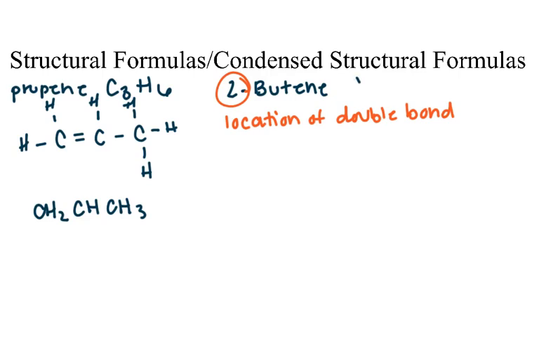So butene is C4H8. So we're going to have 1, 2, 3, 4 carbons. Our double bond we said was on 2. So I'm going to count 1, 2, and I'm going to put my double bond between the second and third carbon. This is going to be 3, and this is going to be 4. So the rest of our guy is going to look like this.